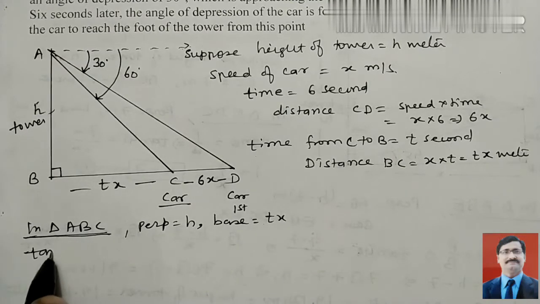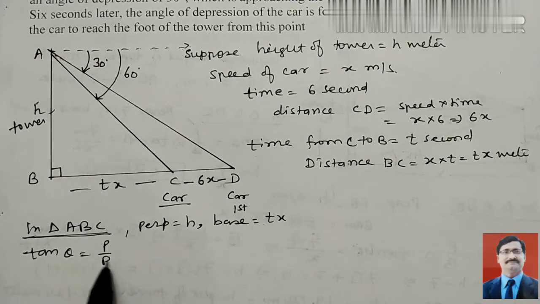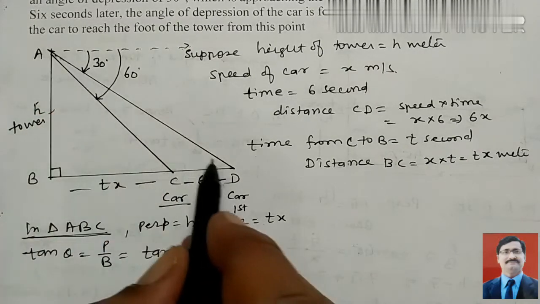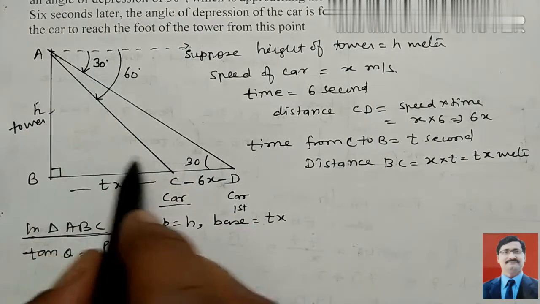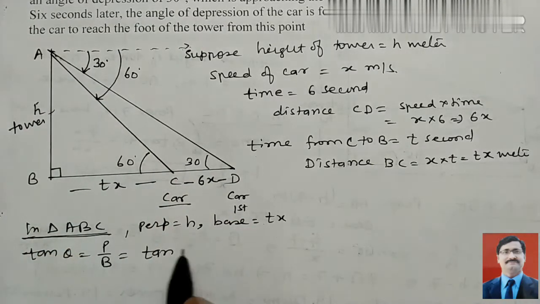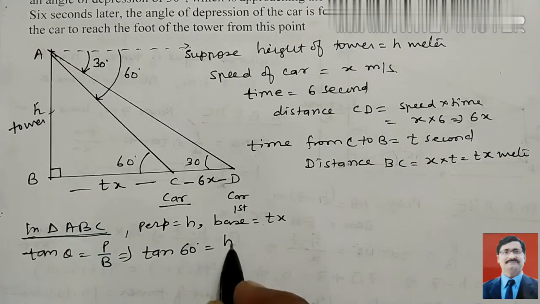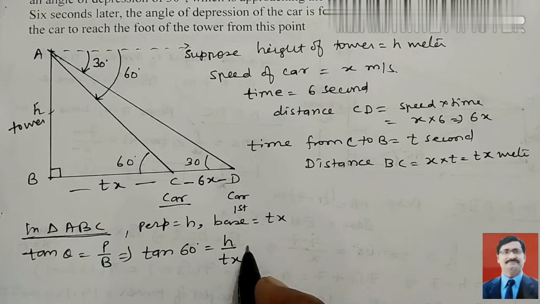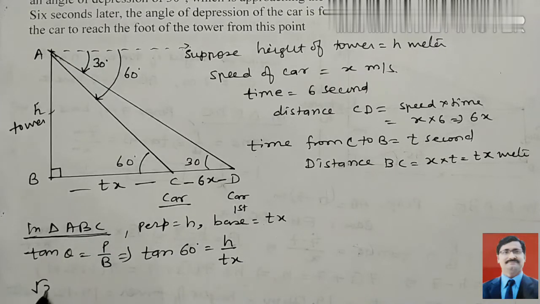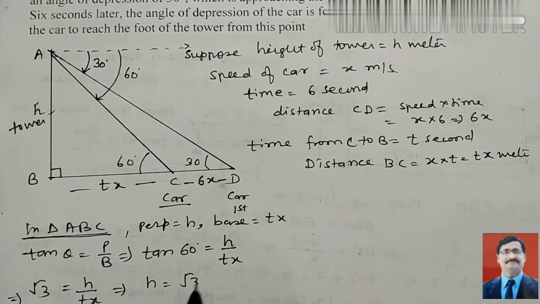So tan theta equals perpendicular upon base. Here the angle is 60 degrees, alternate angle. So tan 60 degrees equals perpendicular h upon base tx, and tan 60 is root 3. Root 3 equals h upon tx. So this implies h equals root 3 tx.